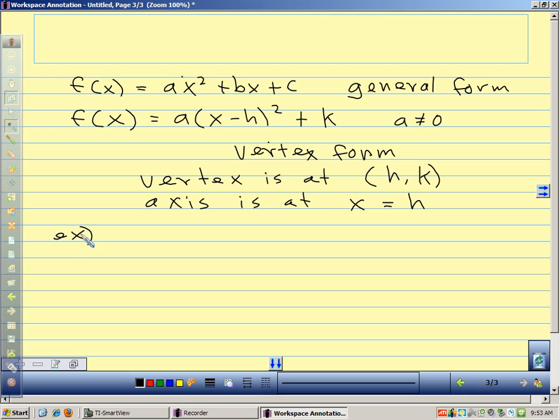So let's say we have our quadratic function f of x equals x squared minus 4x minus 2. We want to find the vertex and the axis.